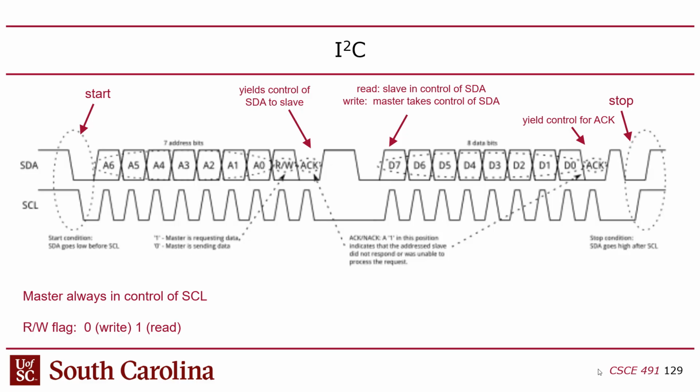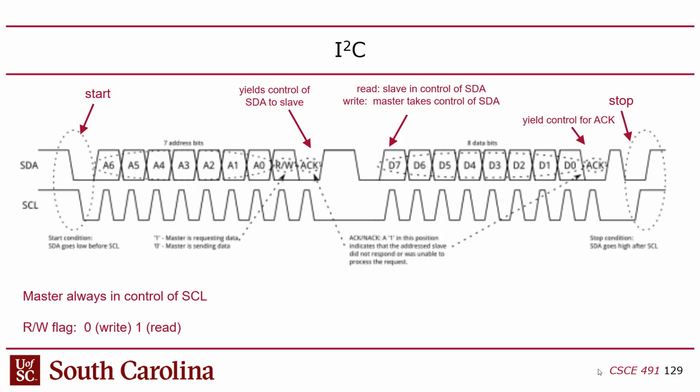We know who's controlling the clock, that's the master. But we don't know who's doing this. It depends on whether it was a write or a read. And then after the 8 bits of data, we have the 9th bit, which is the acknowledgement. Again, that will be initiated by whoever didn't send the data.